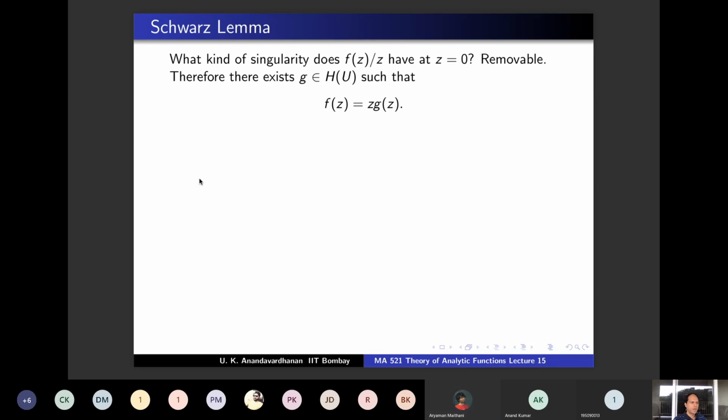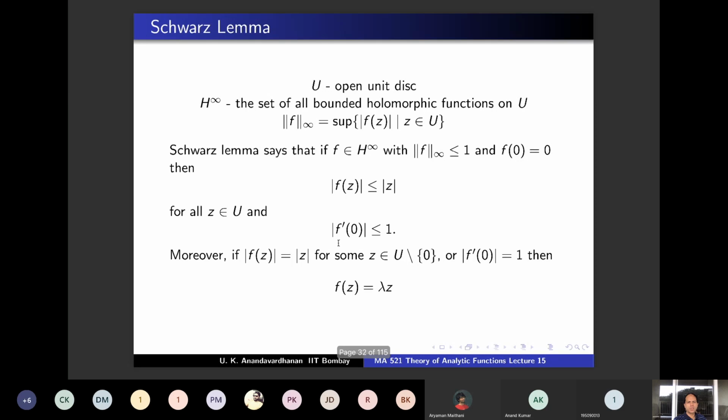So g of 0 is f prime 0. So that's where you will get this condition: g at 0 is f prime 0, and g of z is f z by z. So both these things are together proved if you prove that mod of g z is less than or equal to 1. Mod g z less than or equal to 1 gives you this and gives you this also.